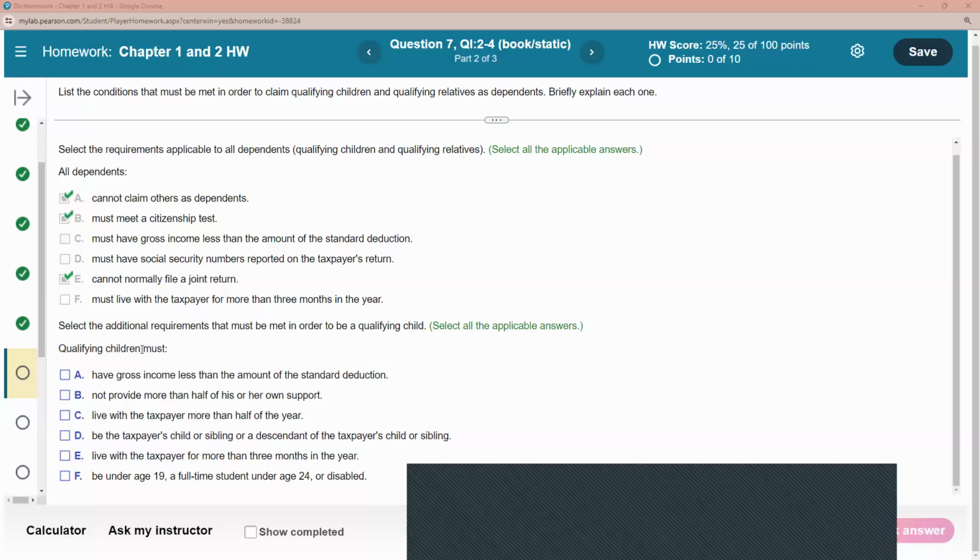The additional requirements for a qualifying child are a relationship test, an age test, an abode test, and a support test. As it relates to the relationship test, eligible children include their biological children, adopted, foster, stepchildren, as well as the taxpayer's siblings and any descendants of the above.